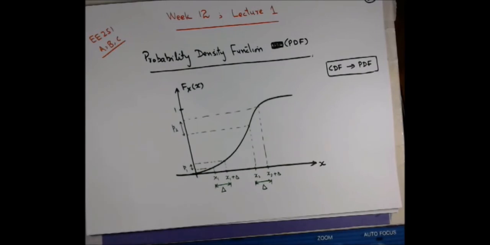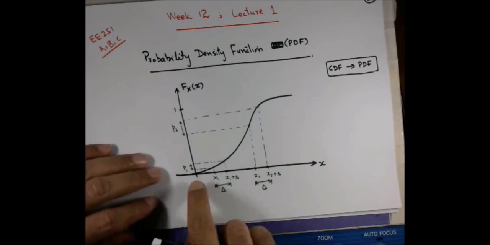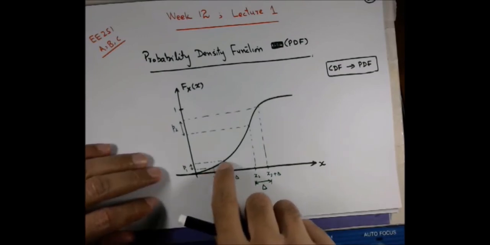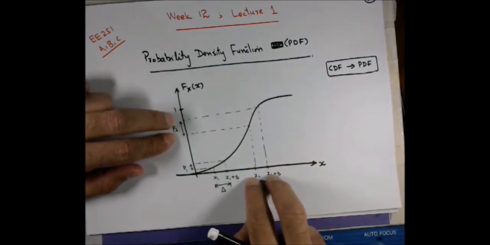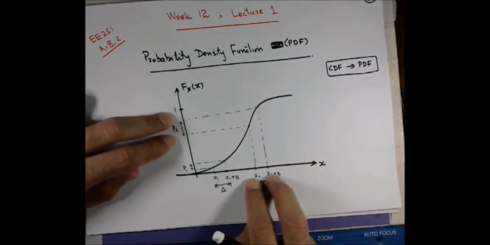So how can we write it now and relate it to the CDF and PDF? This is very crucial, very important. We see that the higher the slope, the greater the probability for the same size interval.